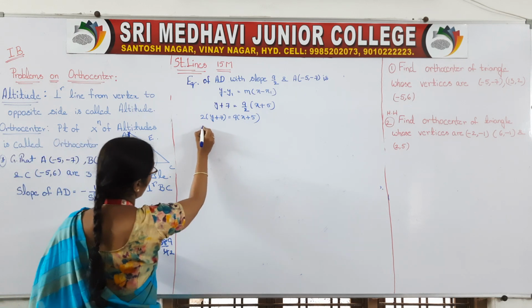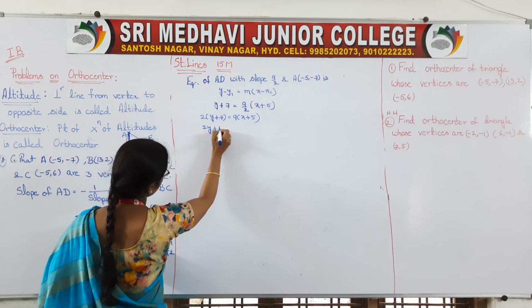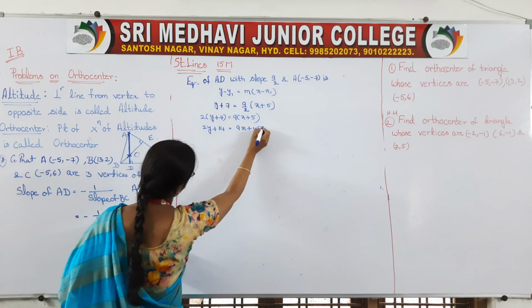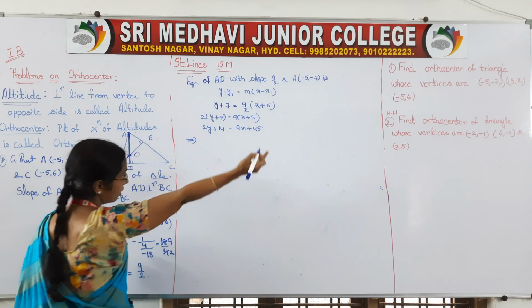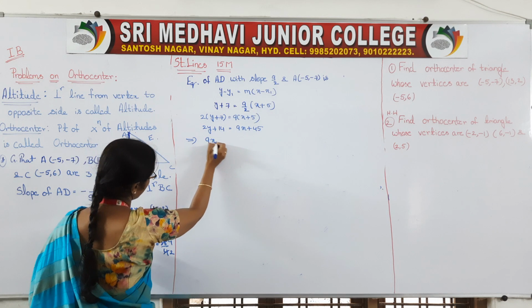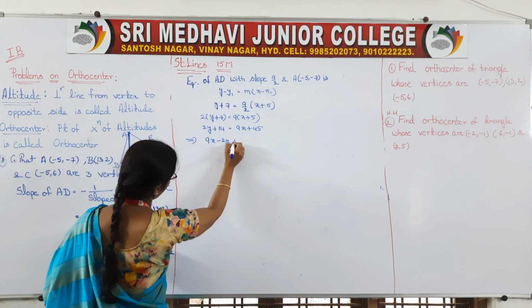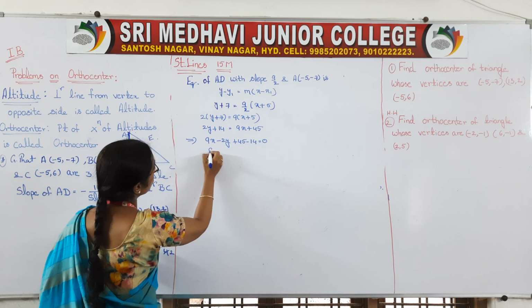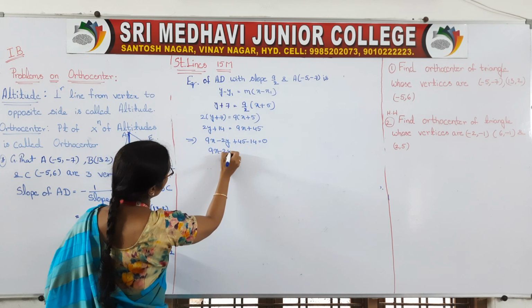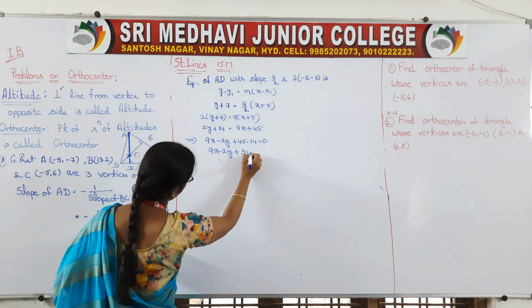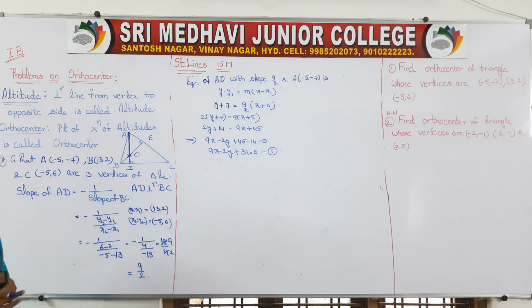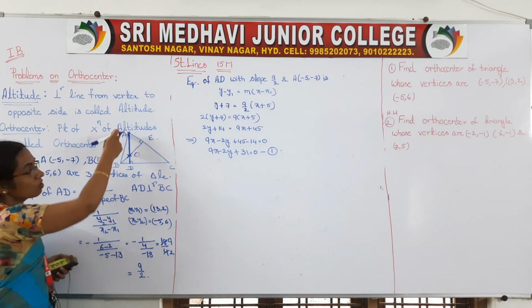Then you will have 2y plus 14 is equal to 9x plus 45, since 9 5s are 45. Implies, sending all these values to that side, 9x minus 2y plus 45 minus 14 is equal to 0. So it is 9x minus 2y plus 31 is equal to 0. You consider this as the first equation. What is that? It is the equation of AD. So we got the equation of AD.